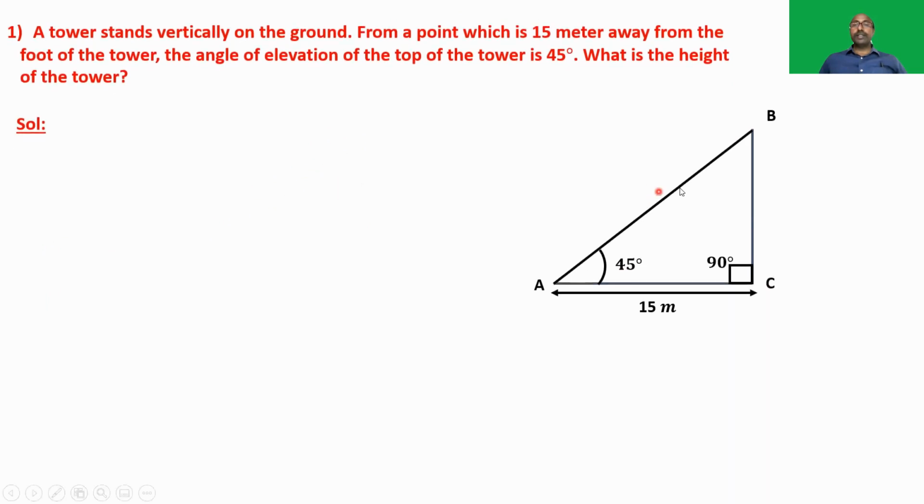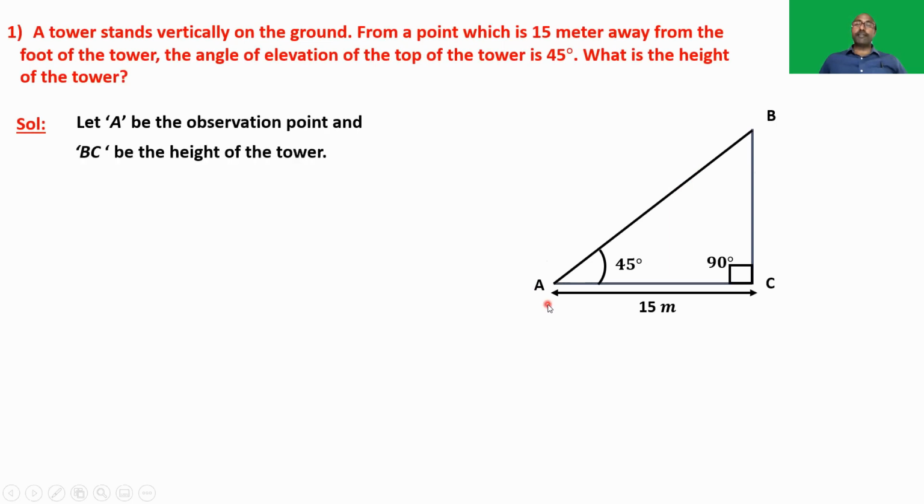Okay. So before solving the problem, we must write what is what. That is, let A be the observation point and BC is the height of the tower. Now, what is given here? Angle BAC is equal to 45 degrees and AC is equal to 15 meters.